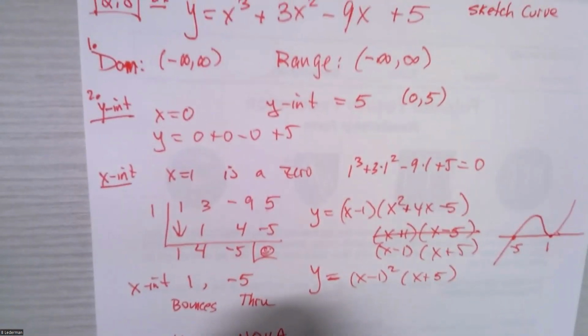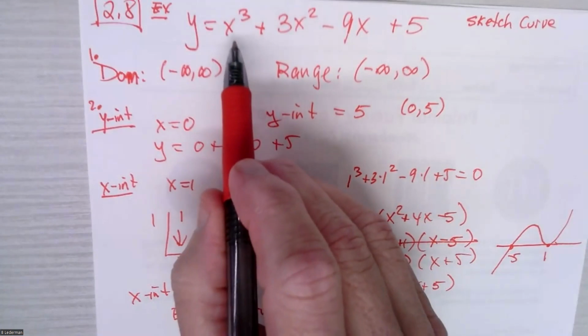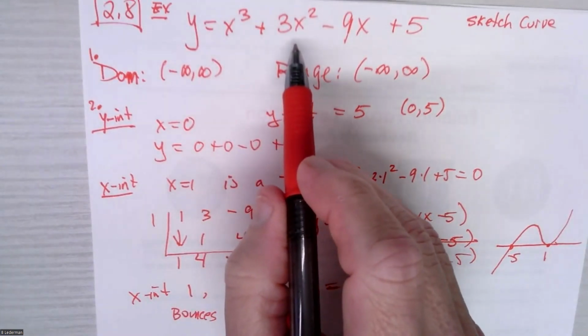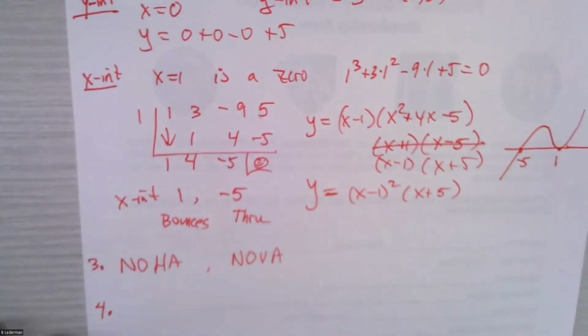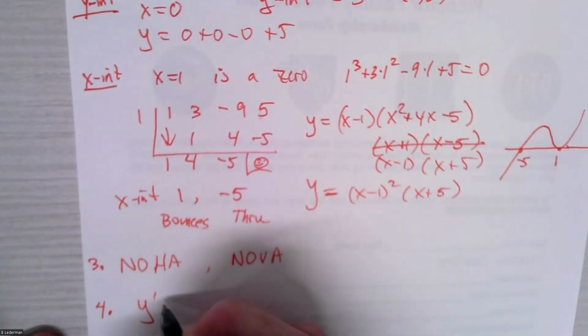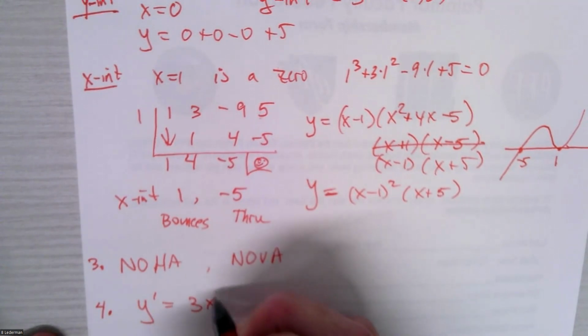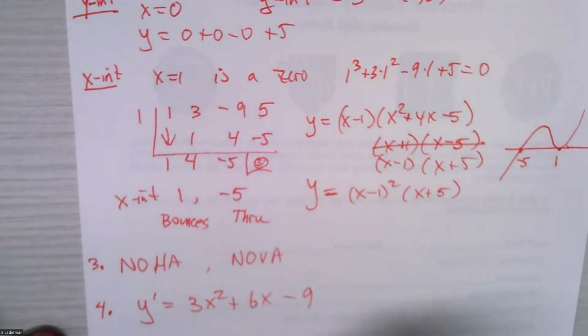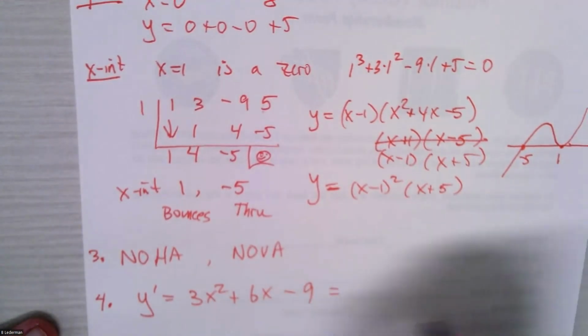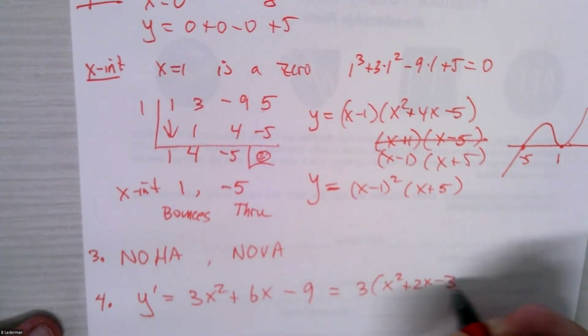So if y is equal to, just to remind us, x cubed plus 3x squared minus 9x plus 5, then y prime is going to be equal to 3x squared plus 6x minus 9. First of all, I can just pull out a 3, so it's x squared plus 2x minus 3.